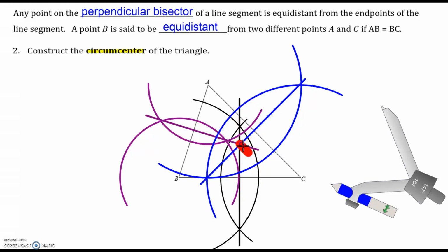And this place right here where they all cross one another is the circumcenter. Okay, and like before, I was saying you only need to do two.